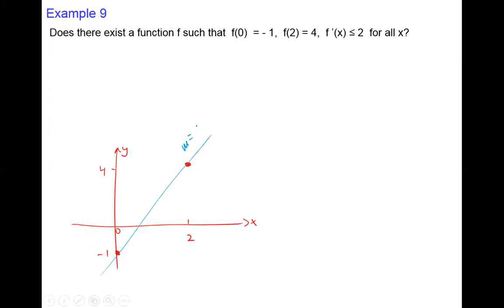Do you think you can give me the slope of this blue line? Rise is 5. And run, what is the run value? Yes, it's 2, thank you. 5/2, that's the slope, good. 5/2, which is 2.5.